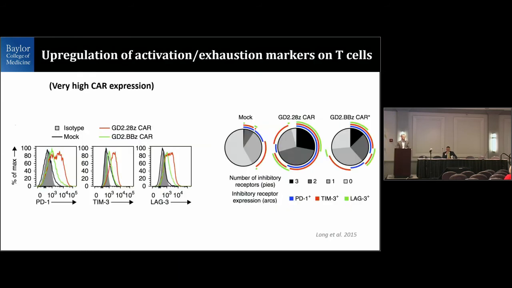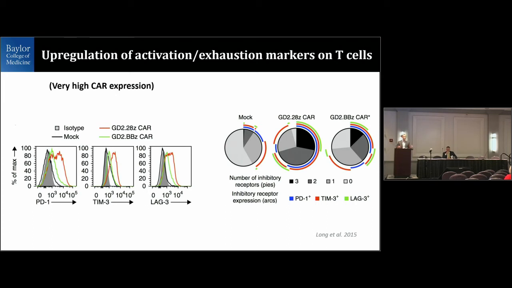Another mechanism that was shown by Crystal Mackall's group a few years ago demonstrates that if you overexpress a CAR at a very, very high level, the cells start upregulating activation and exhaustion markers like PD-1, TIM3 and LAG3.